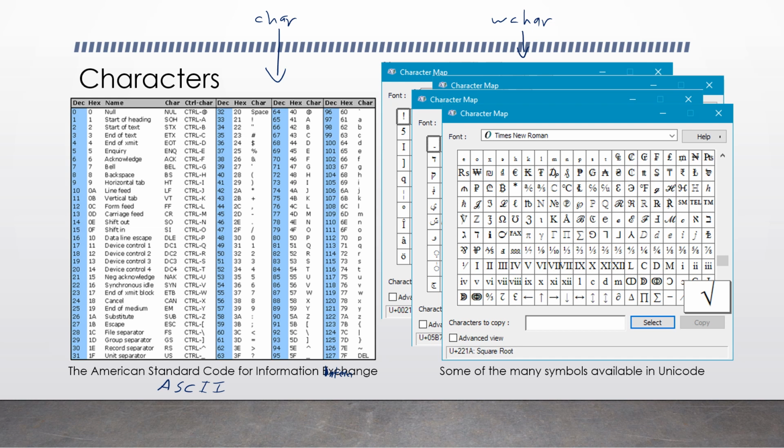This makes C and C++ distinctly incompatible with Java and C#, because in Java and C#, which were created after the Unicode revolution, char is by default a Unicode symbol. Okay.